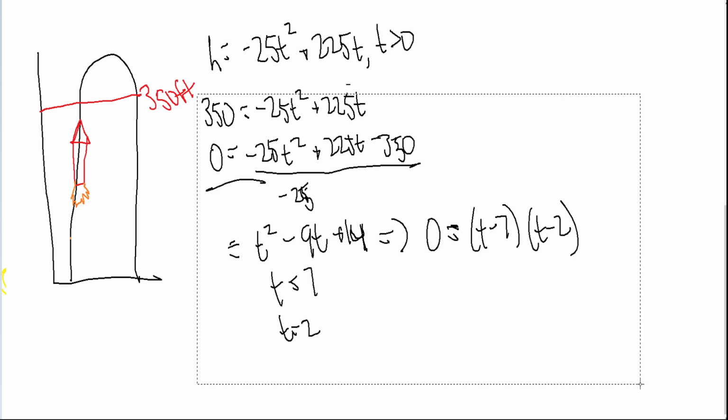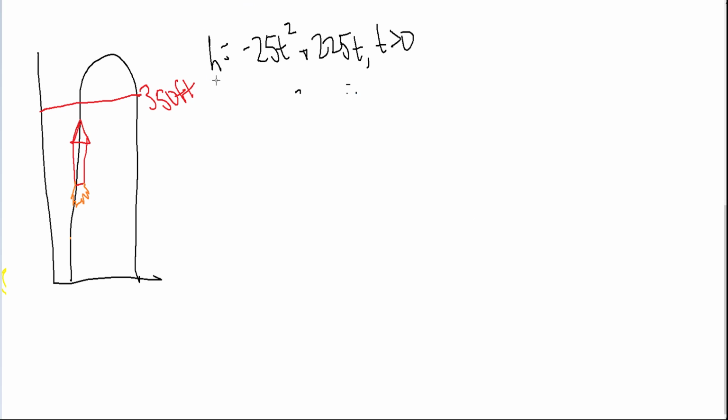So if I give myself more room again by just getting rid of this. If we want to now find how long it takes the rocket to hit the ground, all we have to do now is find out what our height is. So if the rocket is hitting the ground, that means that our height is 0.